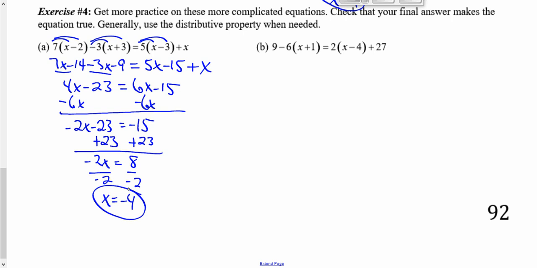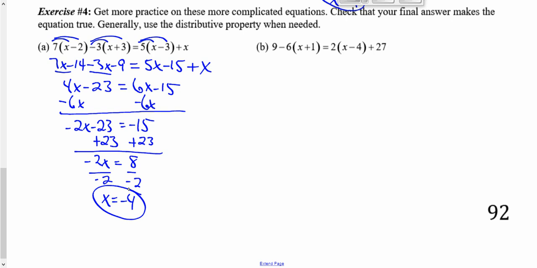I saw some of you start out by adding the 23 to both sides, and you can do that, right? I just led with getting this over here. Eventually they both have to get done. In this case, it doesn't matter which one gets done first, so don't worry about that. Are you with me there?